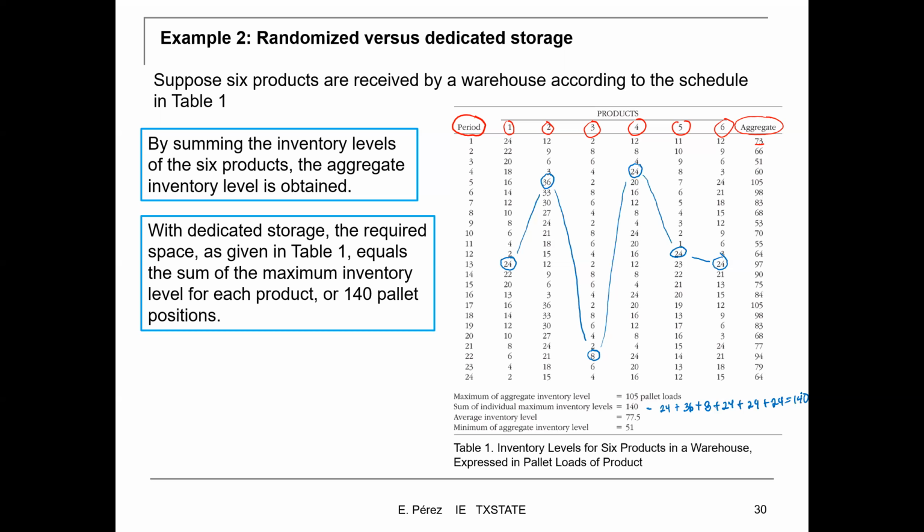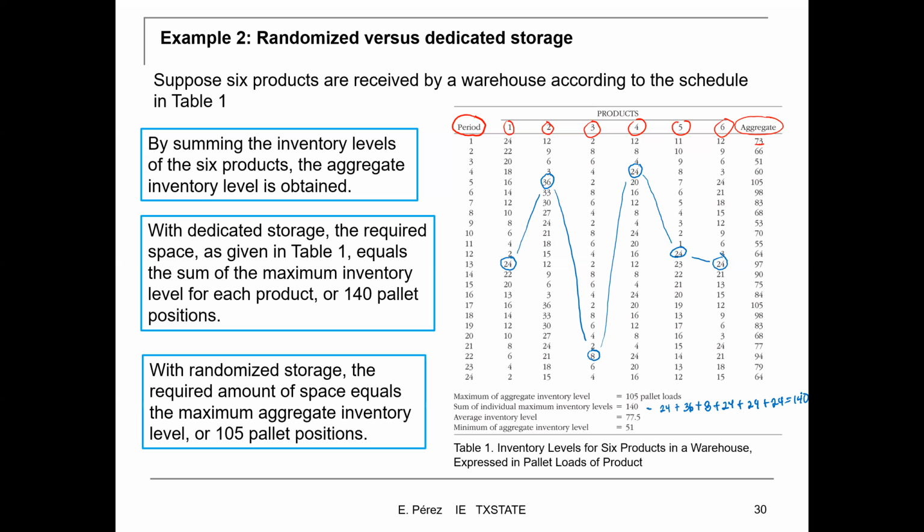So for a dedicated storage, you will need the maximum inventory level for each product. So you will need 140 pallet positions when you plan for this dedicated storage. When you plan for a randomized storage warehouse, the required amount of space equals the maximum aggregate inventory level.